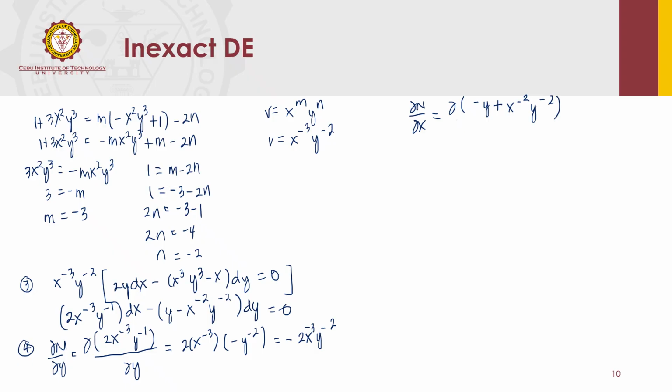This is from here, by the way. So if you need to write really what is M and N so you won't be confused, then go ahead. So y here is a constant.